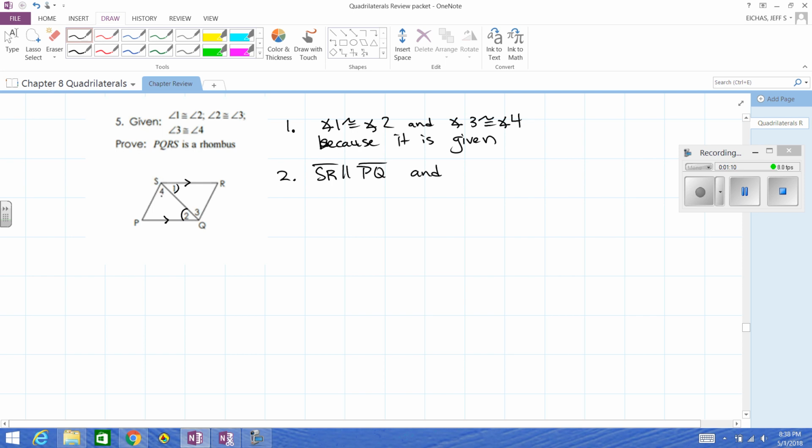Okay, and angle 3 congruent to angle 4 gives us PS, not congruent, I'm sorry, parallel to QR.